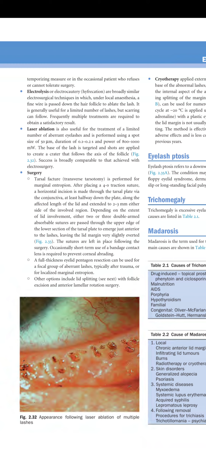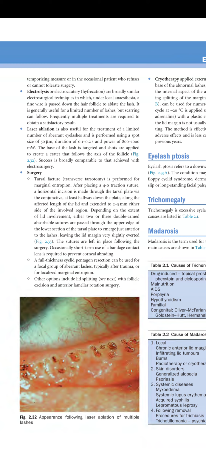Depending on the extent of the lid involvement, either 2 or 3 double arm absorbable sutures are passed through the upper edge of the lower section of the tarsal plate to emerge just inferior to the lashes, leaving the lid margin slightly everted. The sutures are left in place following the surgery.